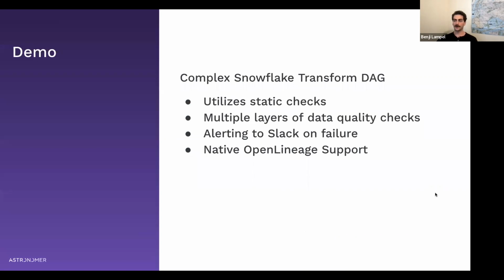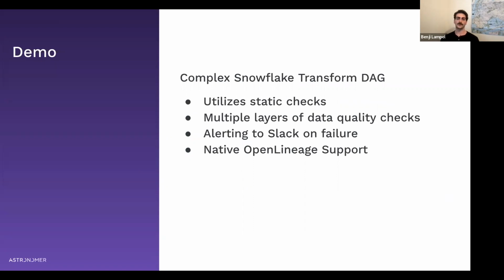So let's look at the demo and dive a little more deeply into how this all actually works in practice. We're going to take a look at the complex snowflake transform DAG, which is a demo DAG that I put together in a demo repository that I run. And basically what this DAG is going to do is utilize a bunch of different static checks through these new operators.